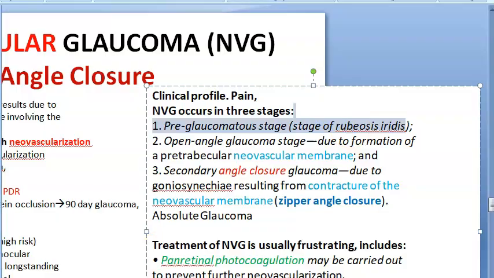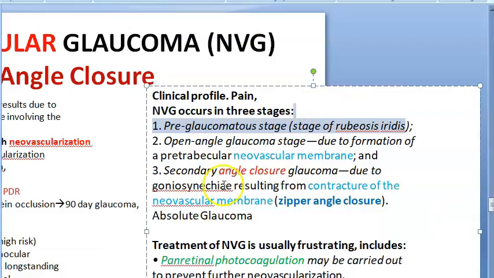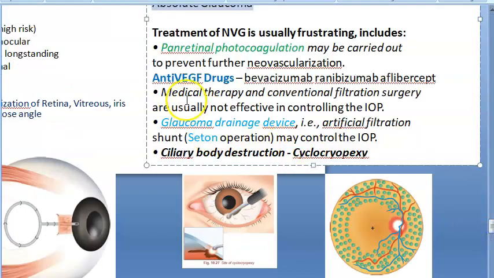So basically, what are the stages? If somebody asks you the stages, say pre-glaucomatous, rubeosis iridis, then open angle, then angle closure, okay? So absolute glaucoma will be there, severe pain, stony hard eye, etc. They will have optic nerve damage and visual field defects. How will you treat this?